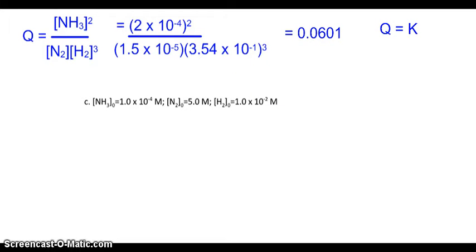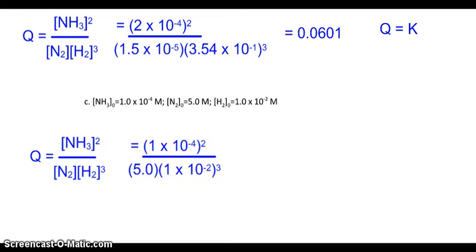Okay, finally part C. We have a new set of conditions. Let's see what happens here. Here's Q again. Plugging in the values. I'm just putting the numbers here. And again, pause this, see what you get. See if you get what I get. All right, how'd you do? I got 0.002. Compare this to my equilibrium constant.